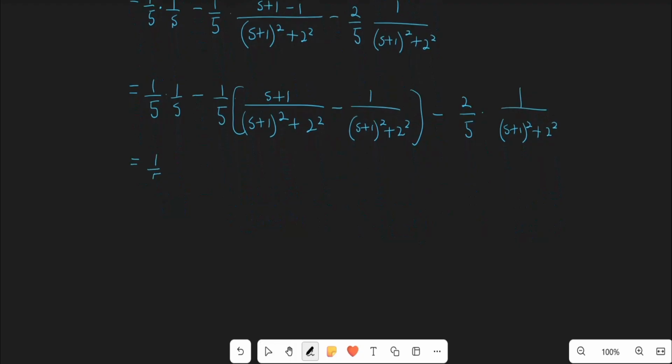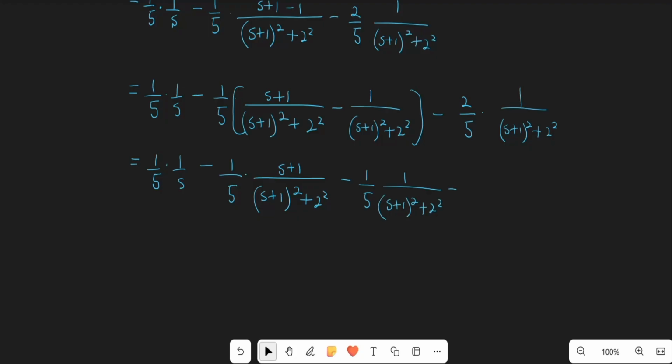I have 1 over 5 multiplied by 1 over s, minus 1 over 5 multiplied by (s+1) all over (s+1)² + 2², minus 1 over 5 as well, because we are distributing, times 1 all over (s+1)² + 2².